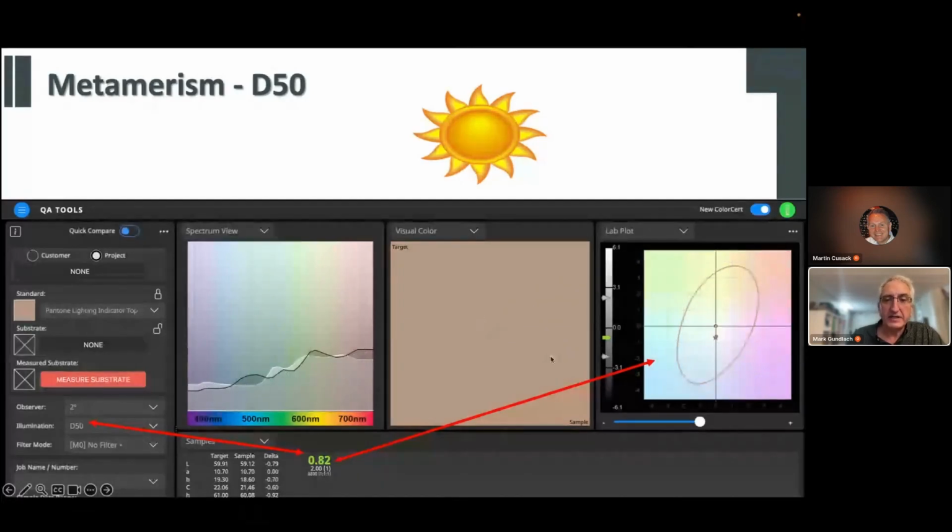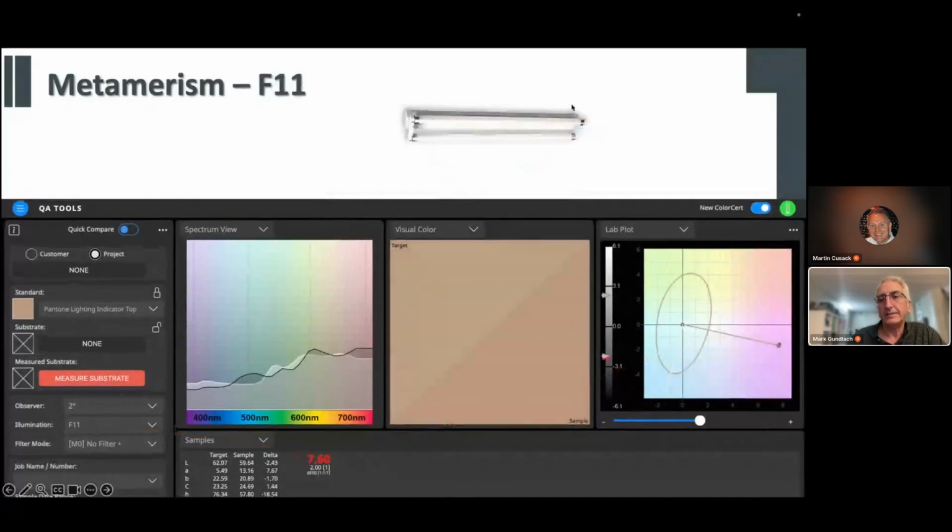Now, if I change my light source to one that has a lot more spikes in it, a lot more intensity in different parts of the spectrum than daylight does, it's going to amplify different parts of the spectrum in different ways than daylight did. In this case, it amplified a lot of the stuff over here in the red, making this look more red.